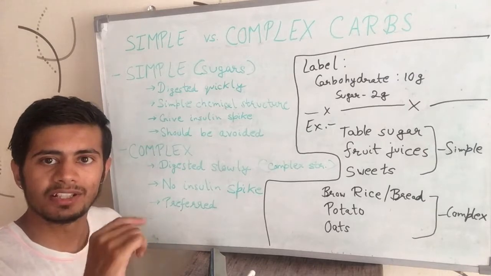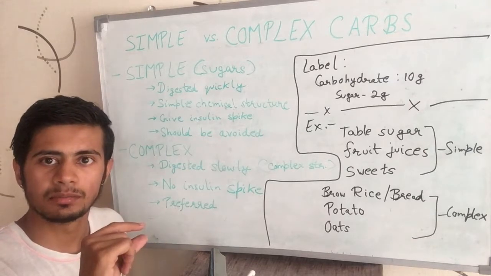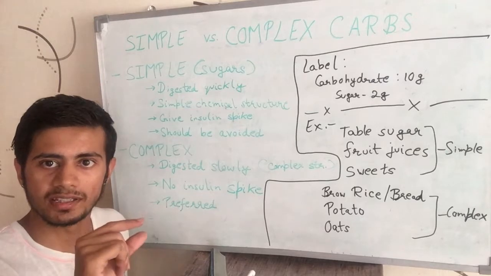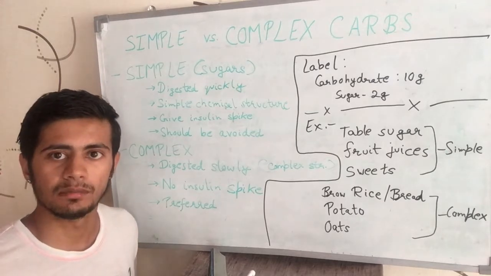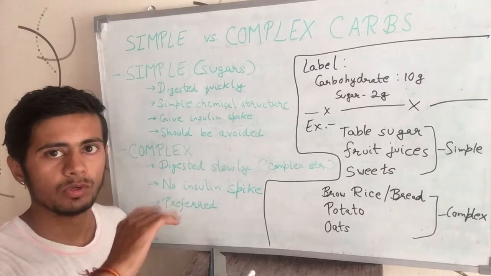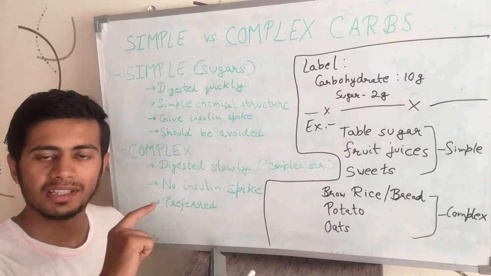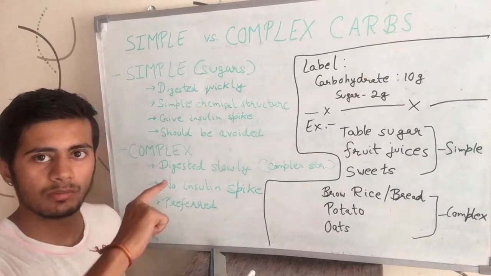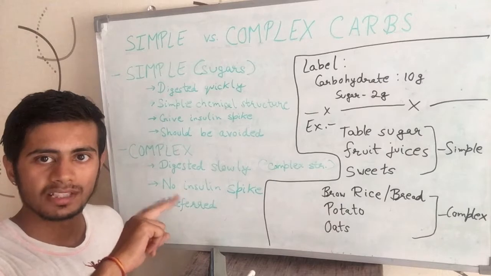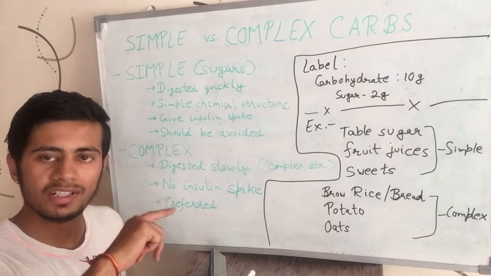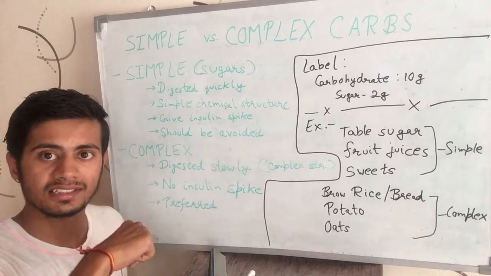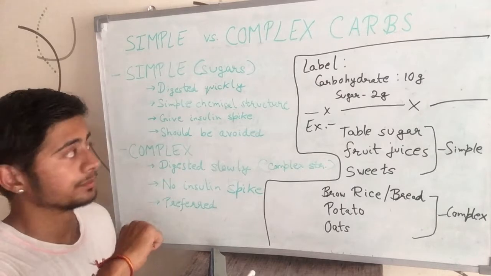The main difference in the chemical structure is because of the bonding between the molecules, but we will not go into that. So the main thing is that simple carbohydrates get digested quickly, complex carbohydrates get digested slowly, and this difference arises because of their chemical structures.